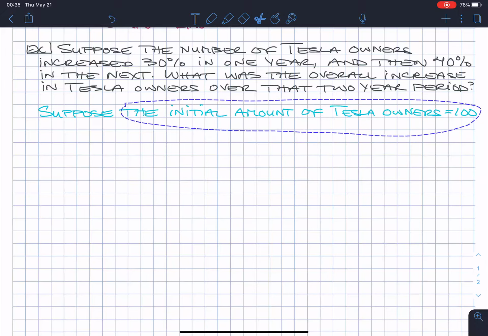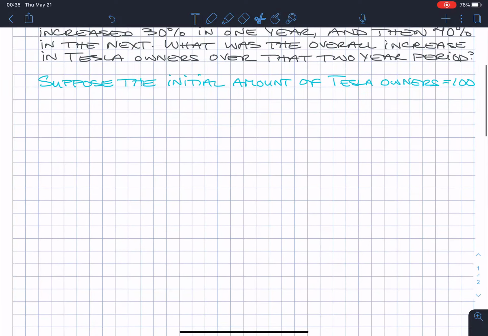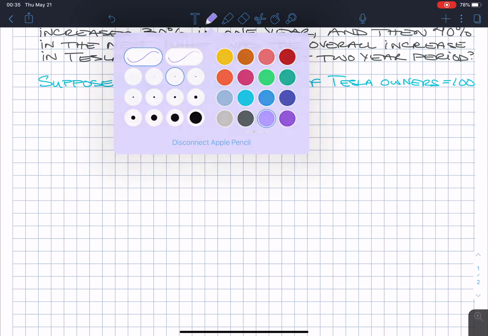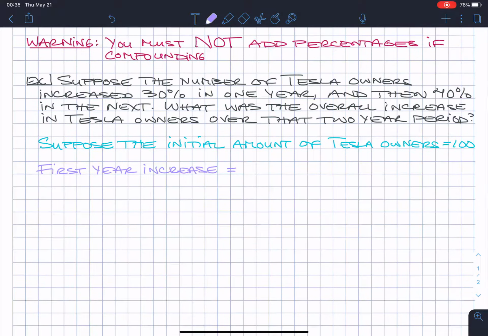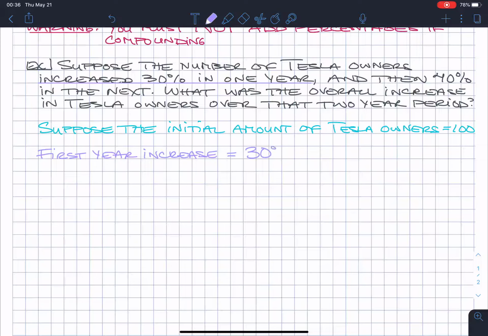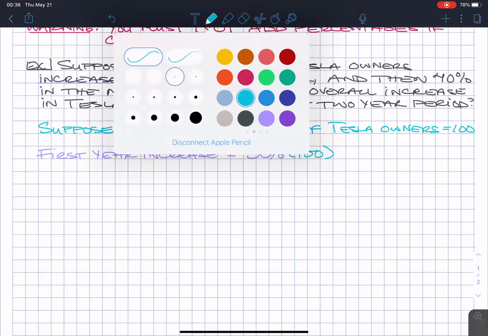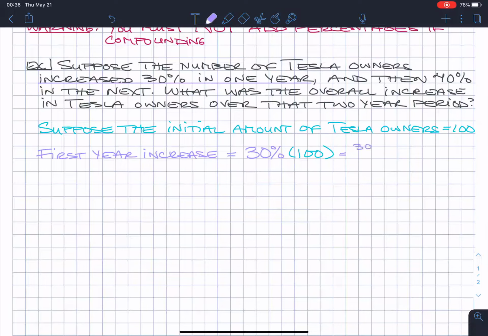So if we assume that, then the first year increase, well, it increased 30% in 1 year. So it's 30% of the initial amount. Since it's 100, this is nice because 30% really means 30 over 100, and if I multiply that by 100, I get 30.